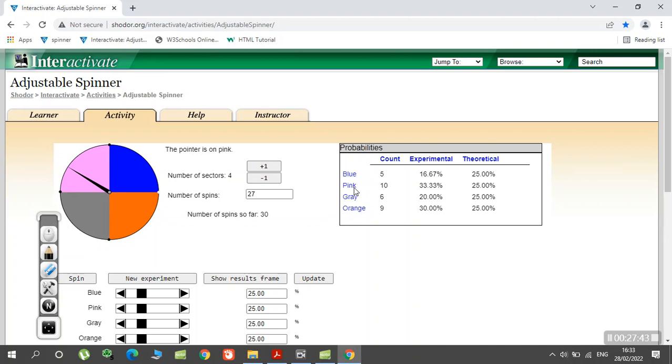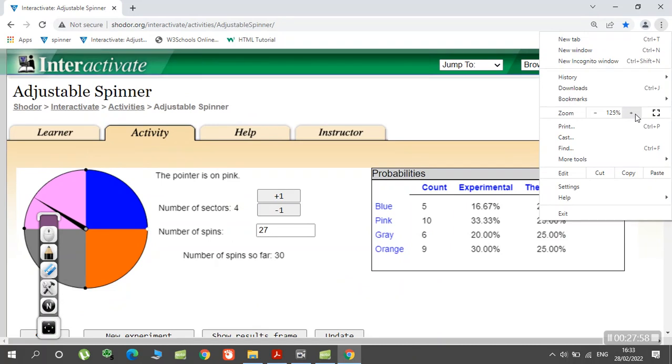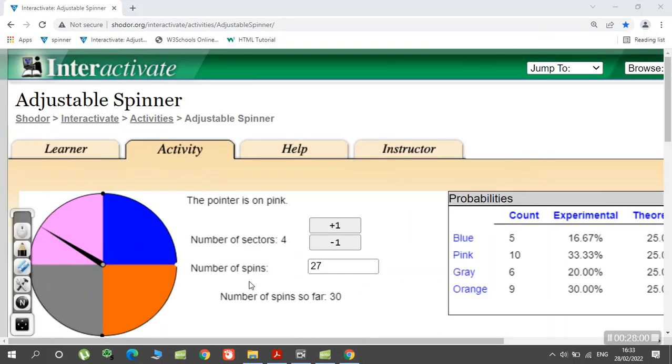It landed on blue 5 times, pink 10 times, gray 6 times, orange 9 times. What is the total spin? 30. You can see from here. Let's zoom in a little on that one. Yeah, that's better now.